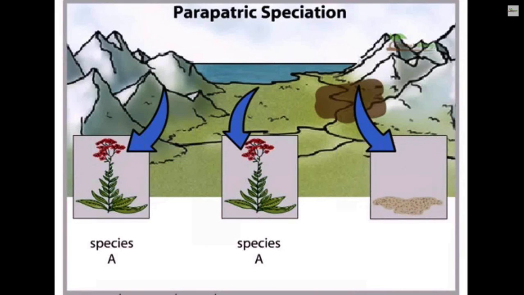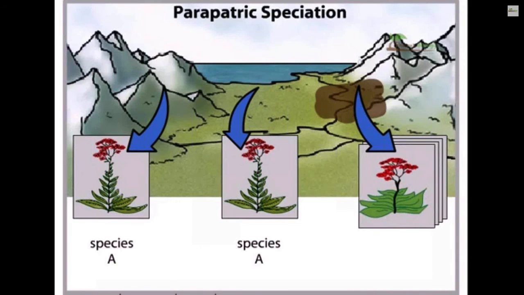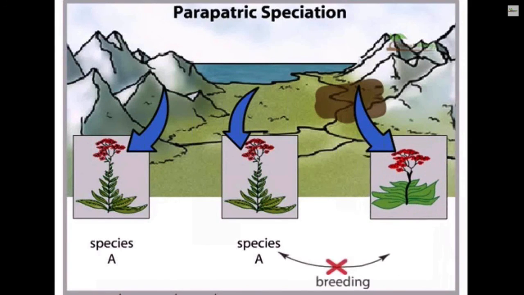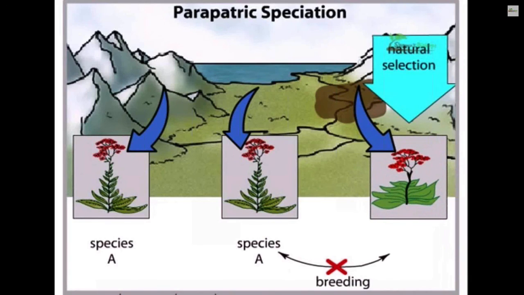Strong selective pressure could lead to a DDT-resistant population. The resistant plants may not be able to breed with the adjacent non-resistant plants. In this case, natural selection was stronger than gene flow, resulting in a new plant species.